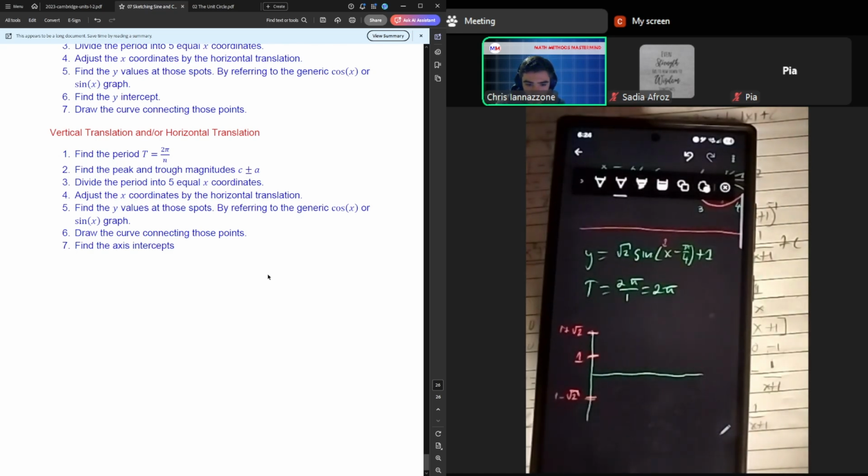Next up, what do we do? Intervals? Yep. Couple ways we could do this. What could we do?